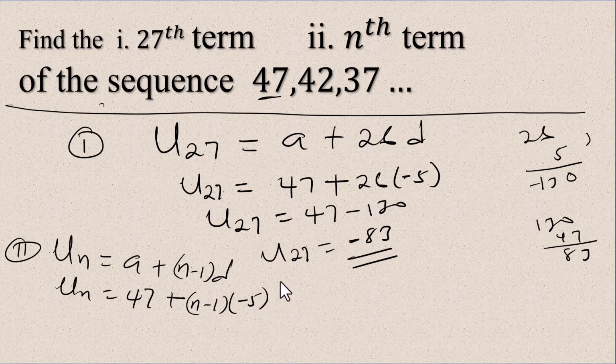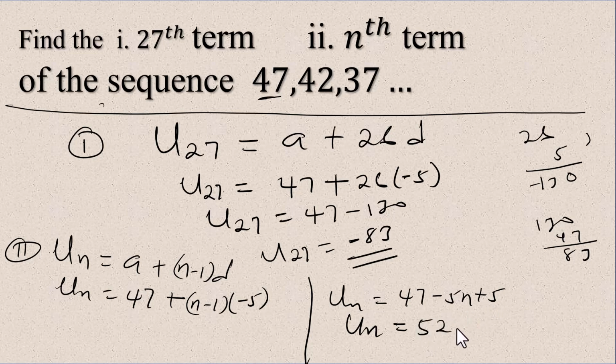Let's expand the bracket: we have minus 5n plus 5. So the nth term becomes 47 plus 5, which is 52, minus 5n. So the nth term is 52 minus 5n; your answer should be in terms of n. You only need the first term and the common difference to find the nth term.